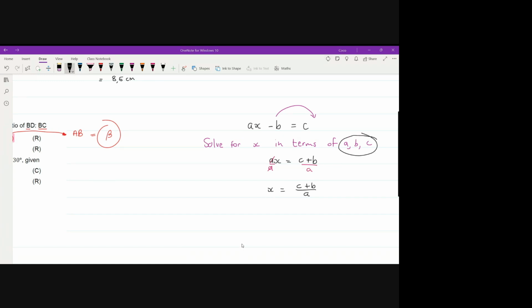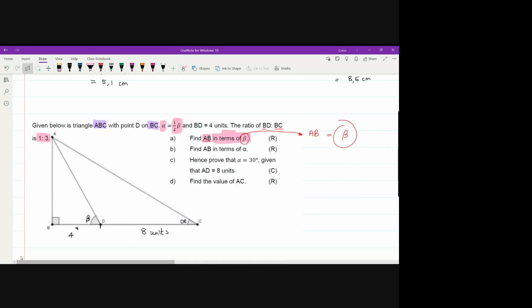Am I making sense? Okay, cool. So when they say we need to express AB in terms of beta, that means whatever answer I get, after a couple of operations, my answer for AB will have beta in it. Are we together?